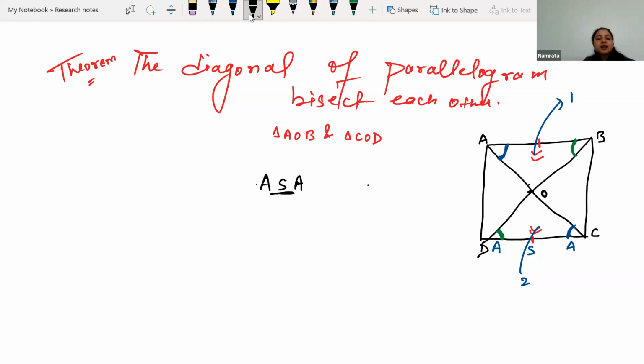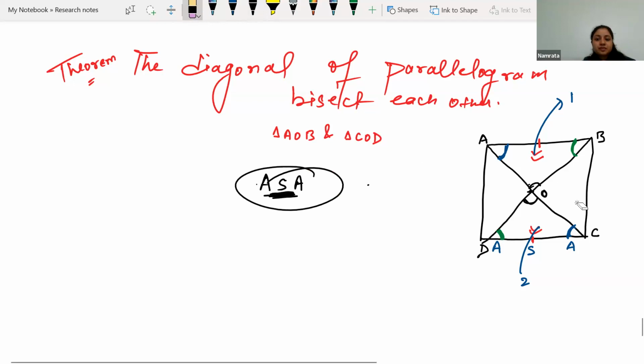When the side included between both the angles, and the angles, are the same in both triangles, then you can say both the triangles are congruent, right? Without even taking the other part, this is only helping us. So by the angle side angle congruency criteria, both the triangles are congruent.